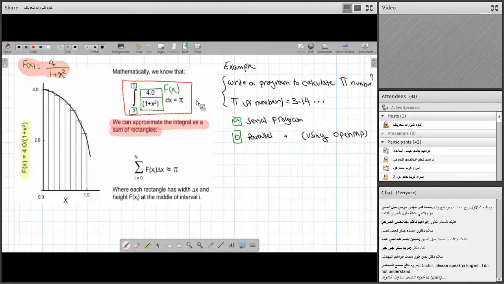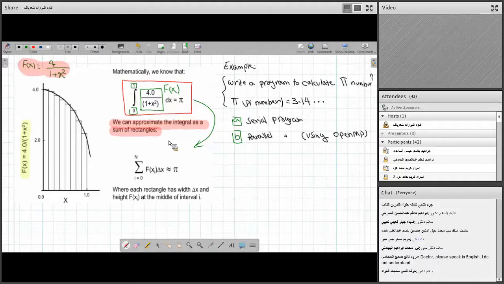So this integral can be approximated by a summation, sigma f of xi delta x.